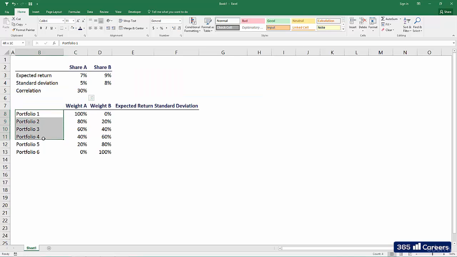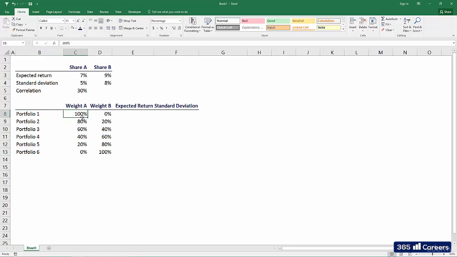All right, perfect. We know how to calculate the expected return and standard deviation of a portfolio, don't we? Let's do the following exercise. We can calculate the return of 6 portfolios composed of these two stocks.